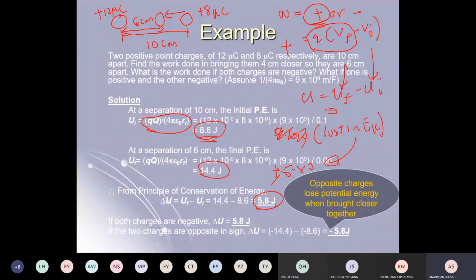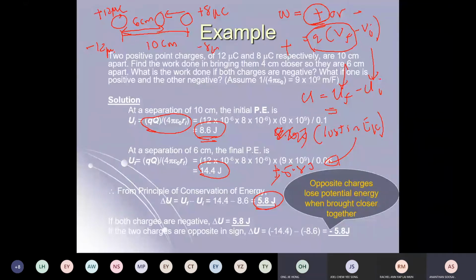What is the work done if both charges are negative? Now instead of positive 12 microcoulomb and positive 8 microcoulomb, this is negative 12 microcoulomb and this is negative 8 microcoulomb. When you get closer, do you do positive work or negative work?